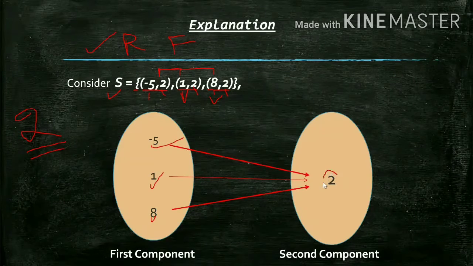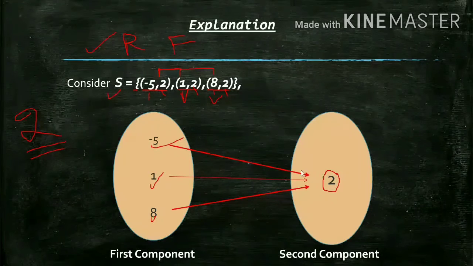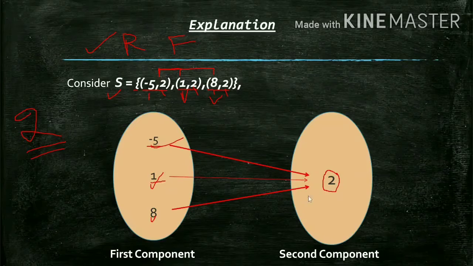Here -5 is mapped to 2, 1 is mapped to 2 and 8 is mapped to 2. I would say that it is not a function when I have this thing: suppose I have another image 0 over here and I map it like this.